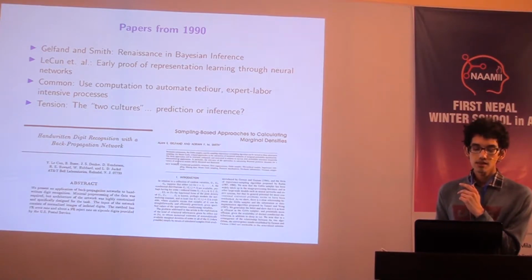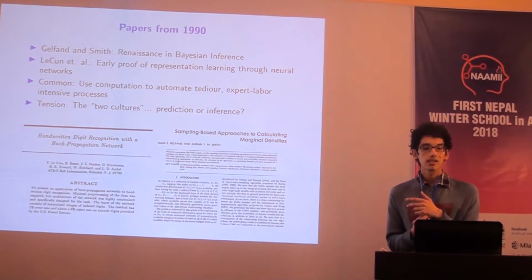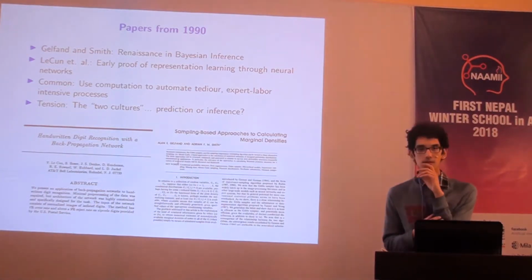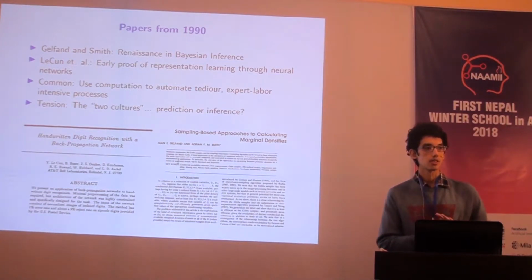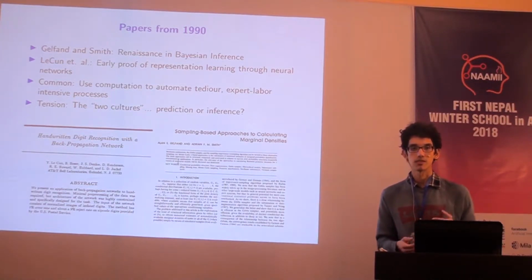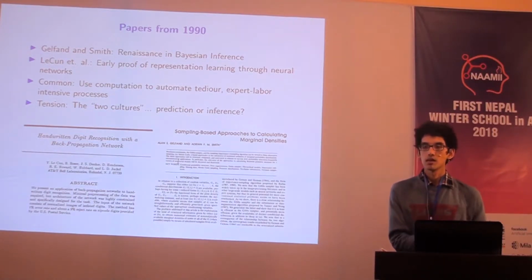But there's a major difference: the handwritten digit recognition paper really only cares about classification, right? They're not giving you any sense of probabilistic inference about what you're classifying. You don't have a posterior over image labels for this example.